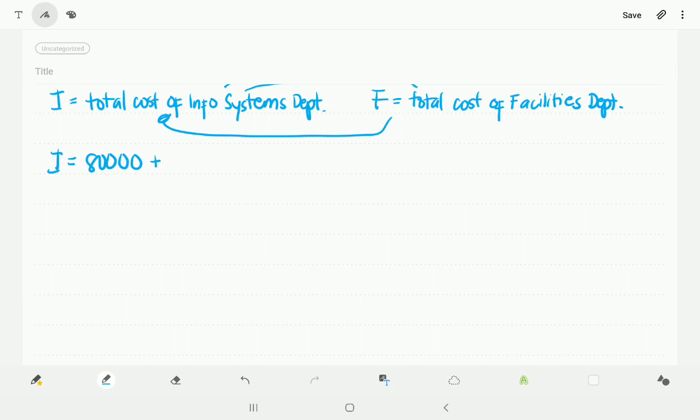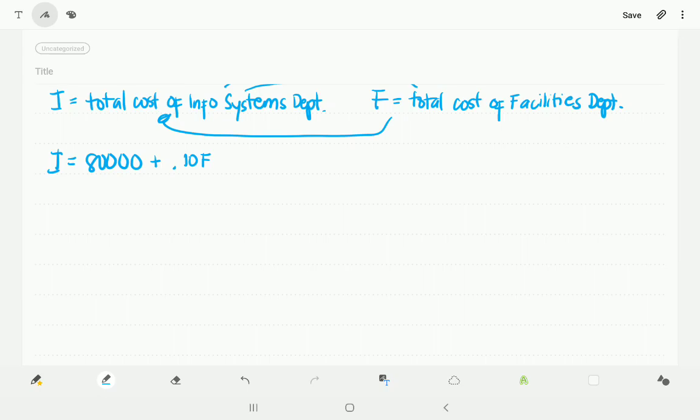That is equal to 10%, and therefore we add 0.1F to the direct cost of the information systems department.